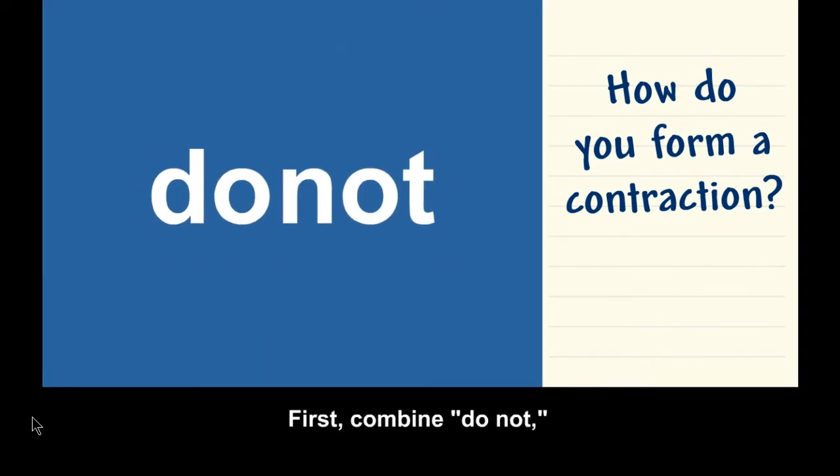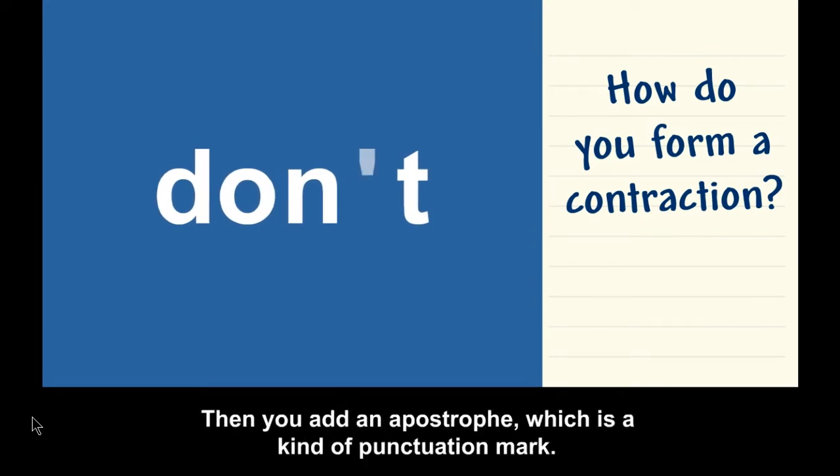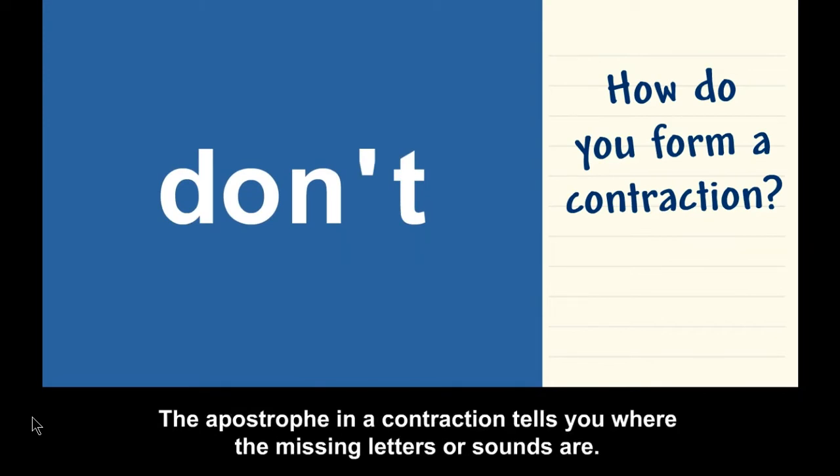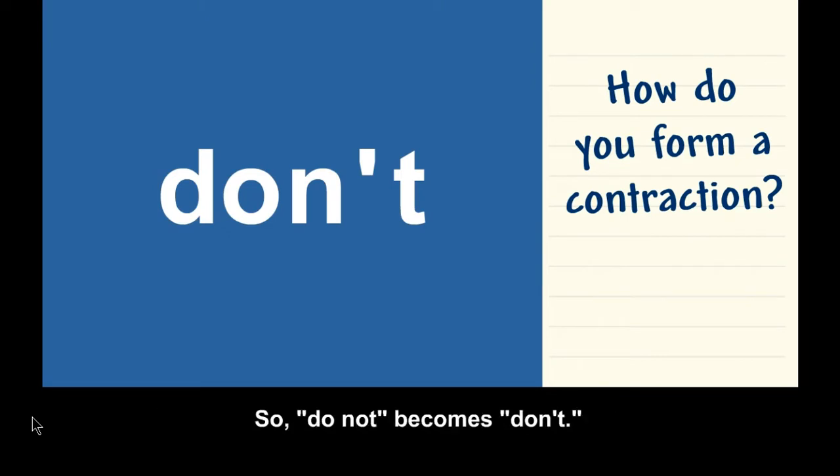First combine do not and take out the O. Then you add an apostrophe, which is a kind of punctuation mark. The apostrophe in a contraction tells you where the missing letters or sounds are. So do not becomes don't.